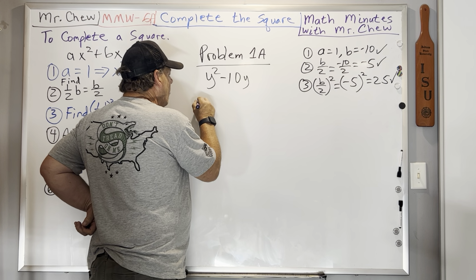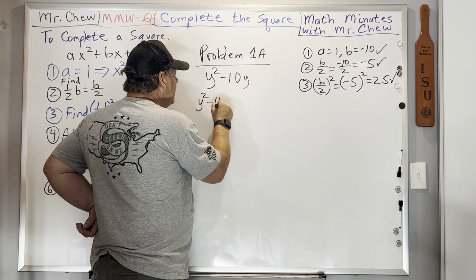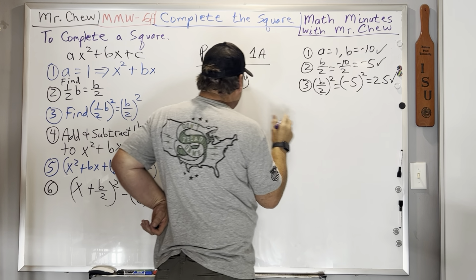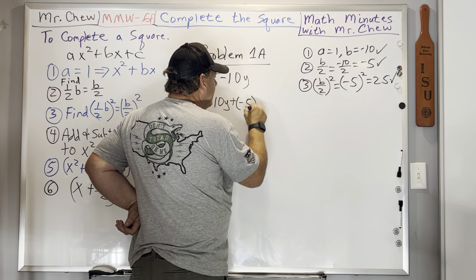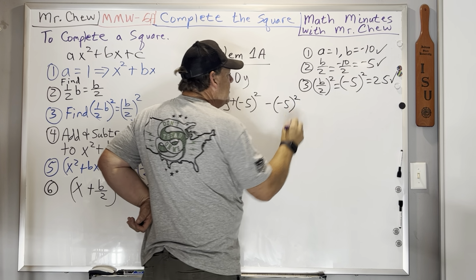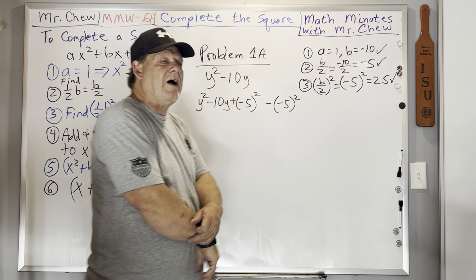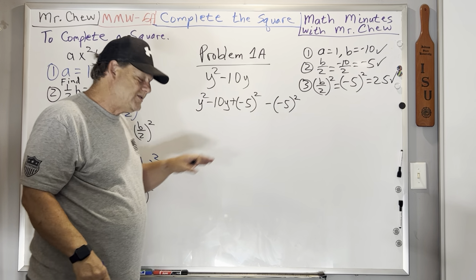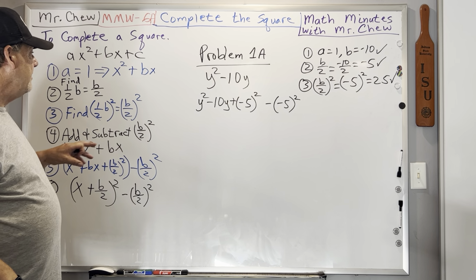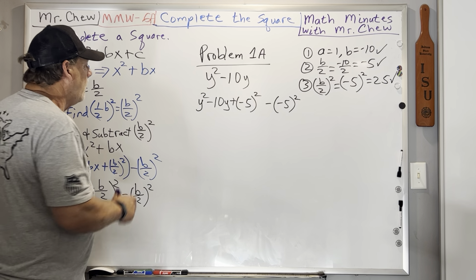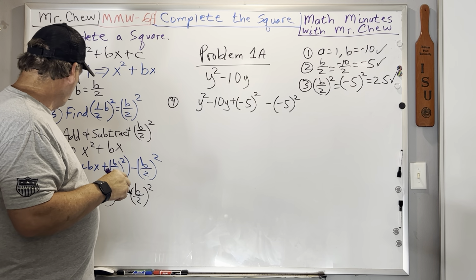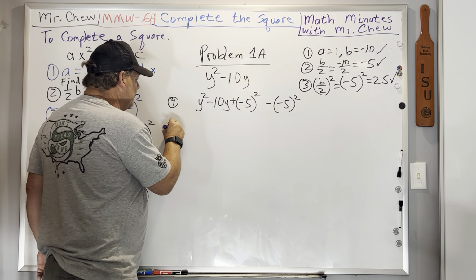So I take my y squared minus 10y, and then I'm going to add this number and subtract that number. Now you might be saying, well, why didn't you write it as 25? Because there is a shortcut here. So that is step 4. Now we're going to write it as a factor in step 5.